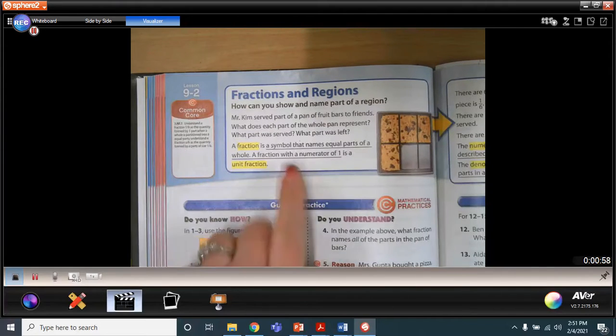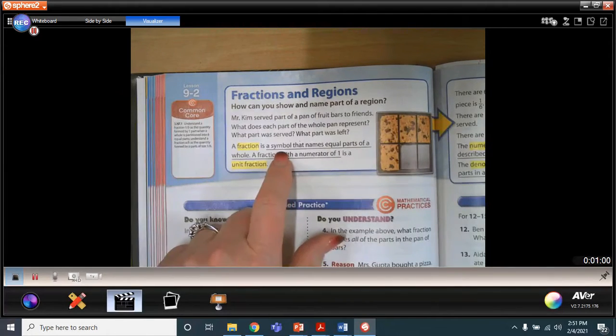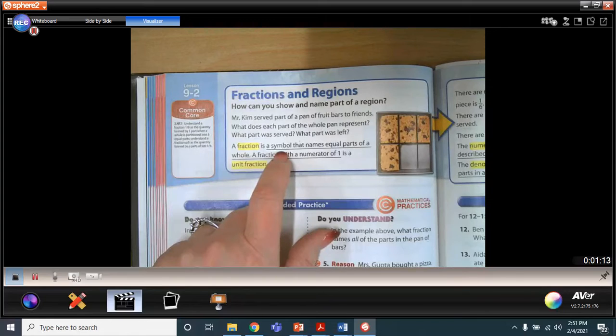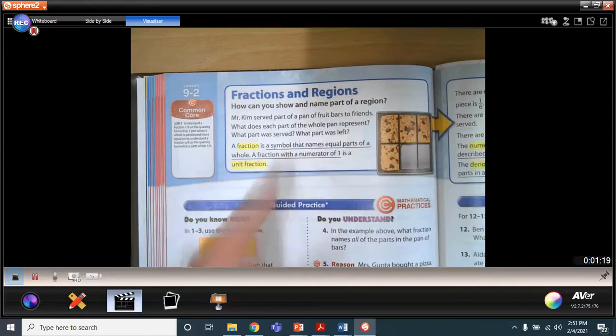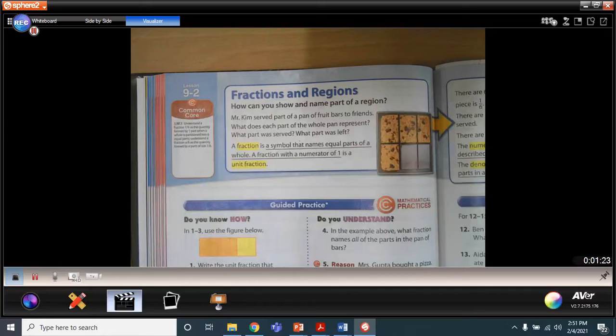Now, the word symbol might be confusing for people because when they say it is a symbol, what we're actually meaning is it's a number. So a number can be considered a symbol that represents a specific value or quantity, which means if I say the number 1, everybody knows what 1 looks like. 1 cookie, 1 pizza.